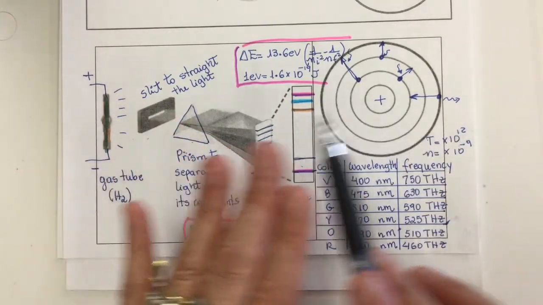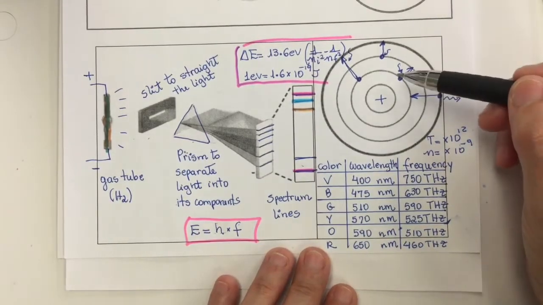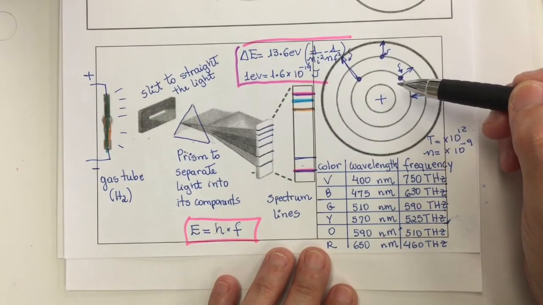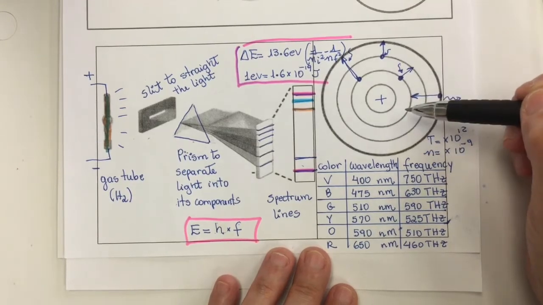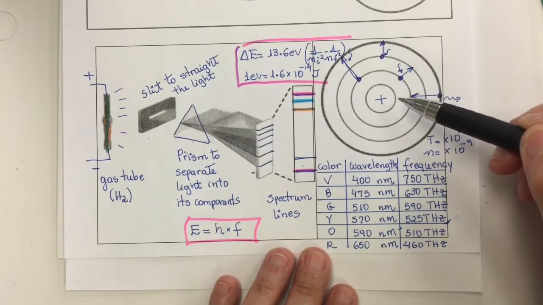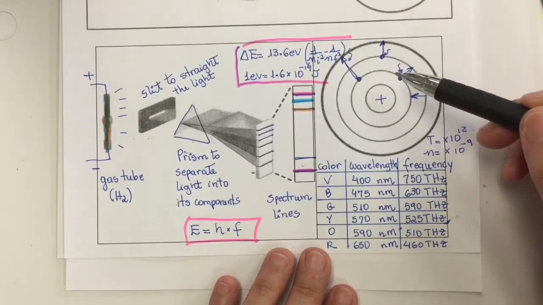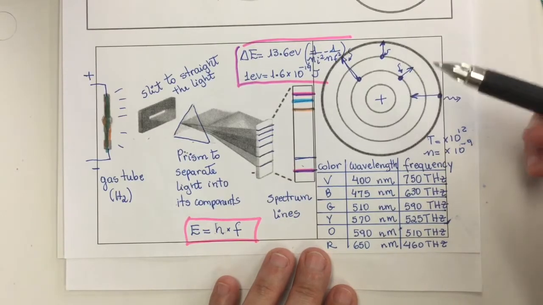To translate this to this model, what he proposed is that electrons are not in specific orbits. They are jumping from orbit to orbit, like electron jumps. So he translates this into energy.